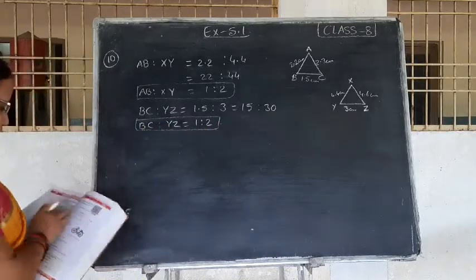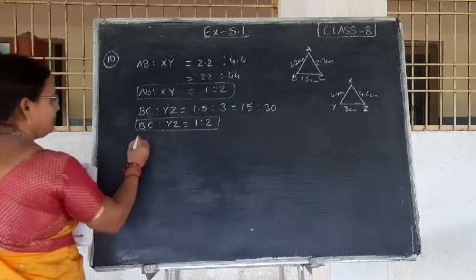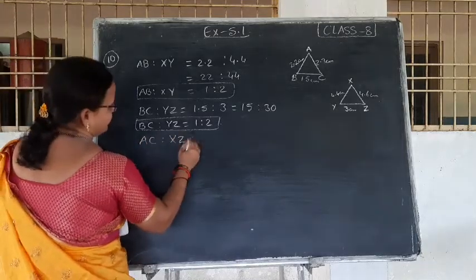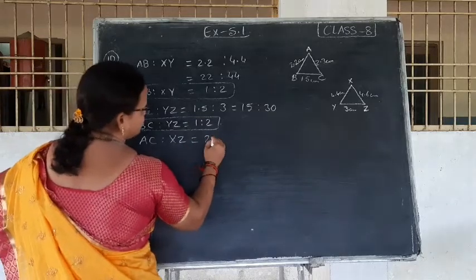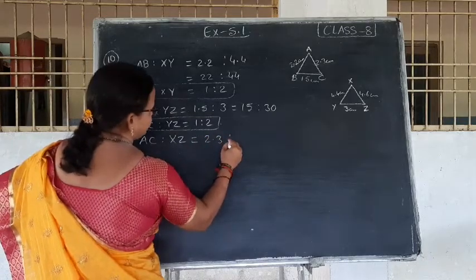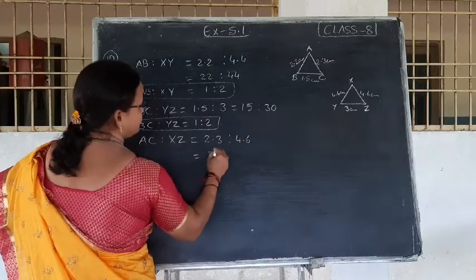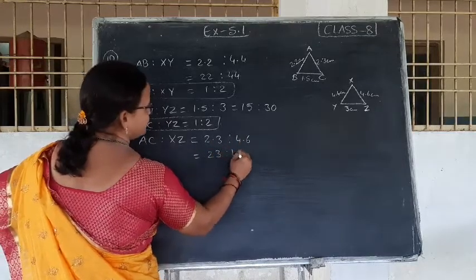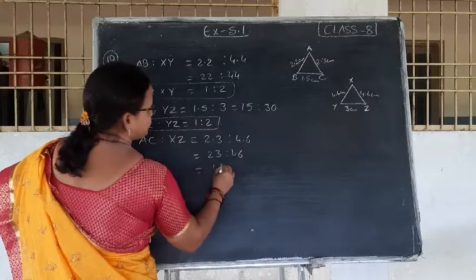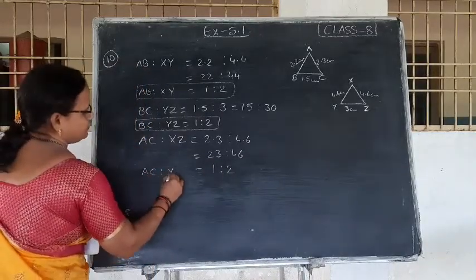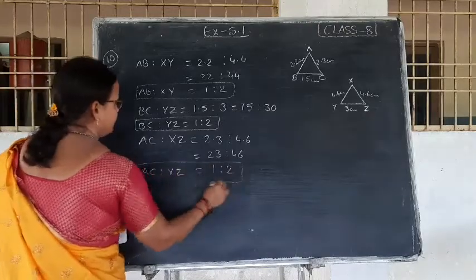And then the third ratio you have to find out is AC is to XZ. So AC is 2.3 is to XZ is 4.6. Both have one digit in decimal. So 23 is to 46 and it is also equal to 1 is to 2. So AC is to XZ is also 1 is to 2.